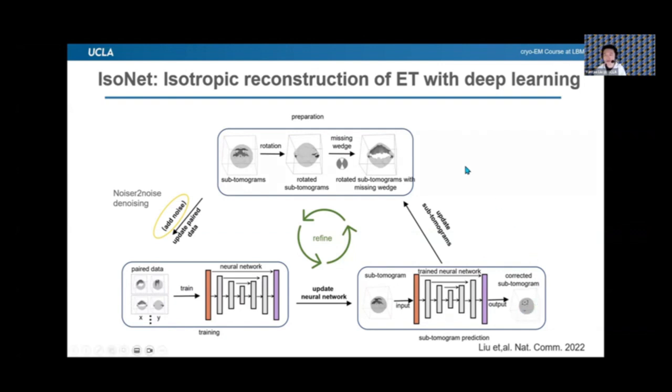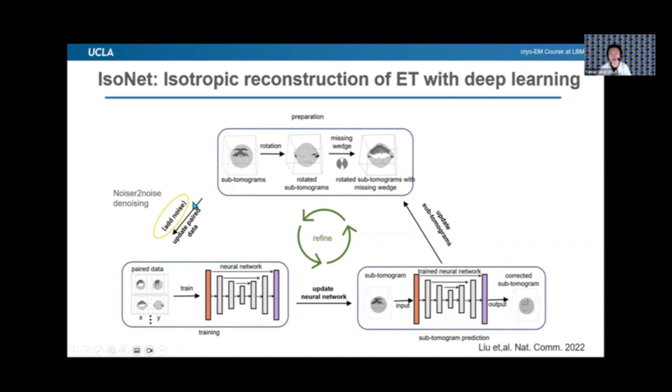Then we can do the preparation again. So in each iteration, we have optimized the neural network, and then we have an operation to optimize the training data.